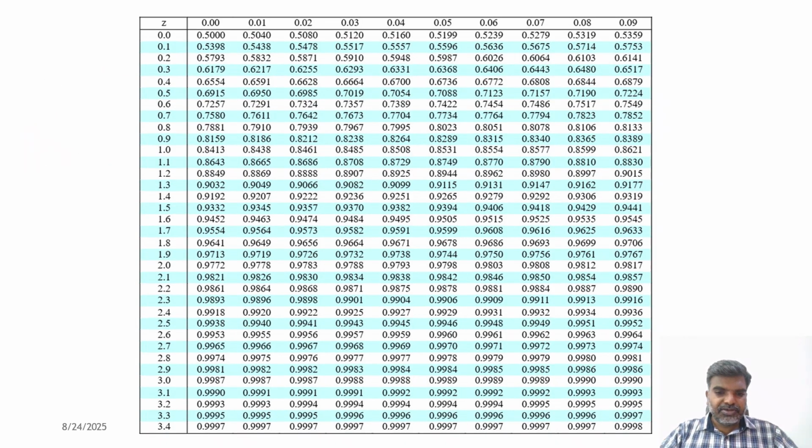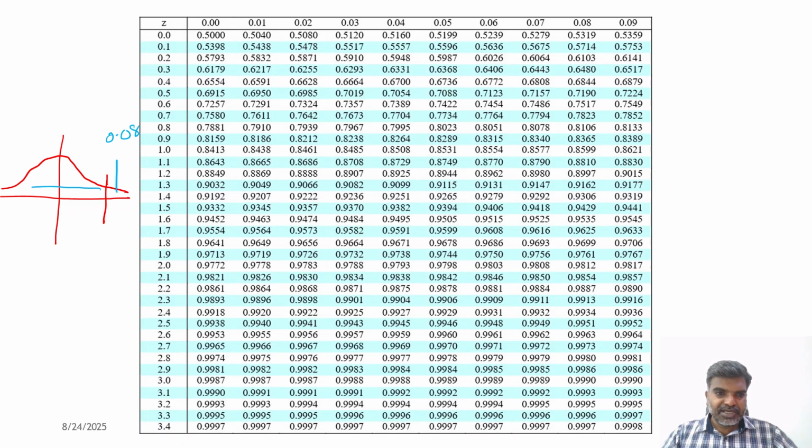See, the second value is the area over 64, which is 0.08. But in this table we don't see 0.08, because this table consists only of left side values.